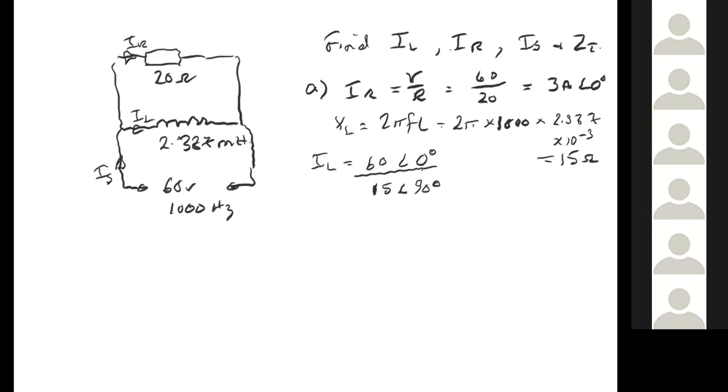So that's going to be 4 amps angle minus 90 degrees. That's what we'd expect for the current in an inductive circuit. Yeah, it's lagging. All agree? Yeah, good.